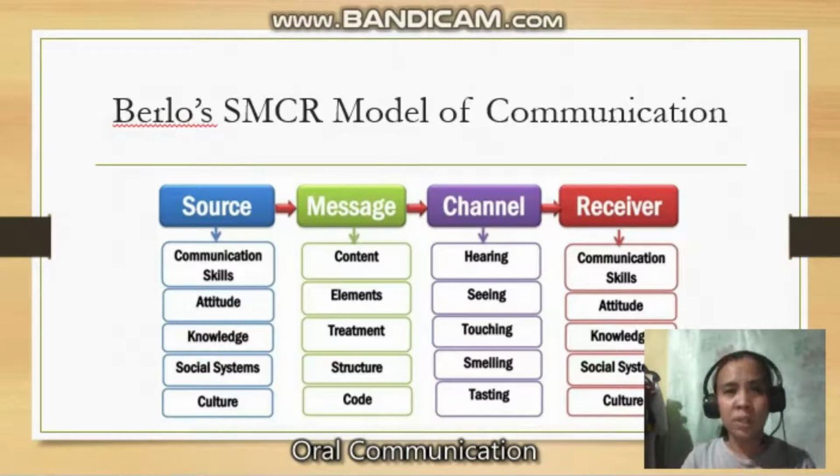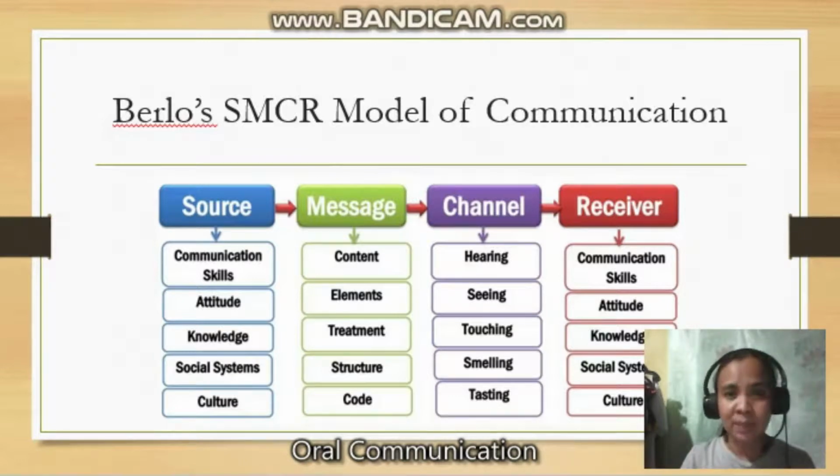We should also consider the knowledge of the sender and the receiver. Familiarity with the subject or topic they are discussing makes the communicated message more effective or easily understood. Knowledge of the subject matter makes the communicator send the message effectively and makes it easier for the receiver to understand it.